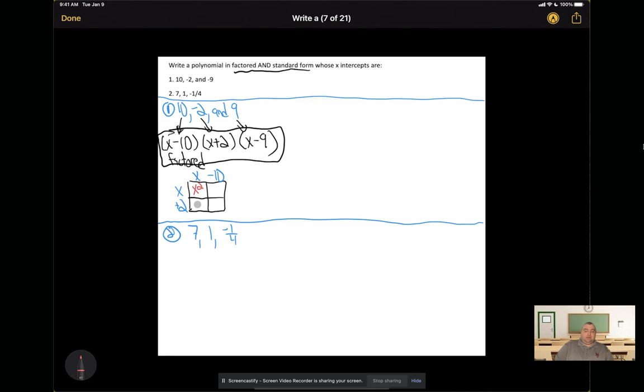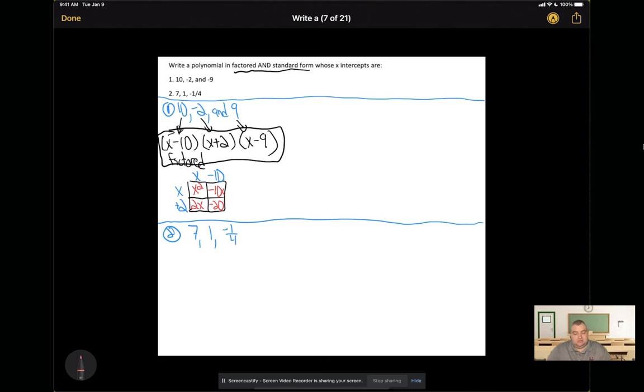This bottom left one is going to be 2 times x, so 2 times x is 2x. This one right here is going to be -10 times x, so -10 times x is -10x. This one right here is going to be 2 times negative 10, so 2 times negative 10 is negative 20.